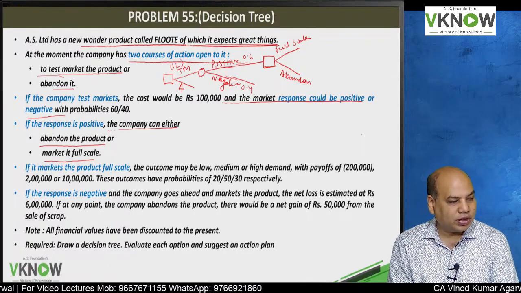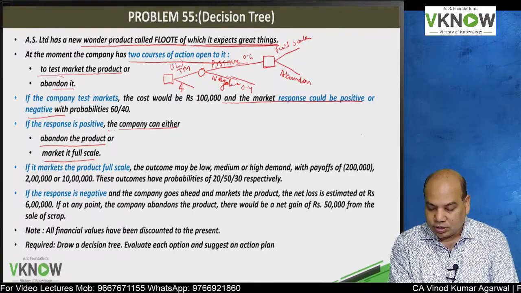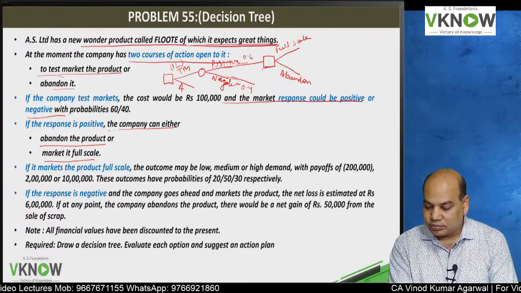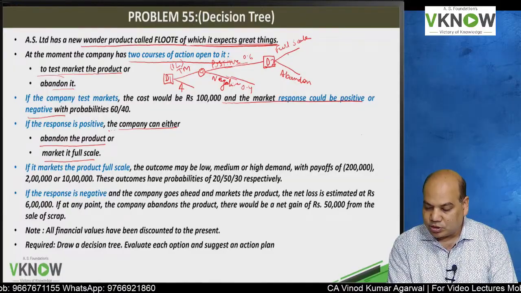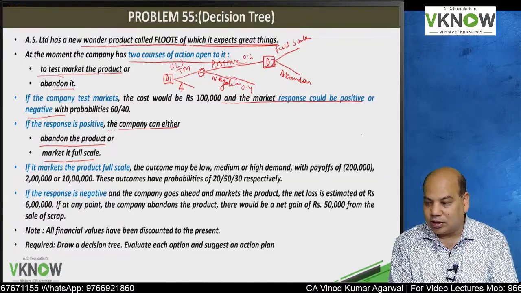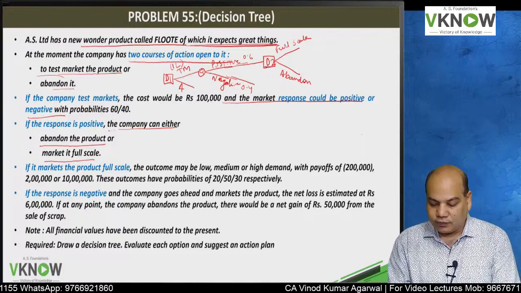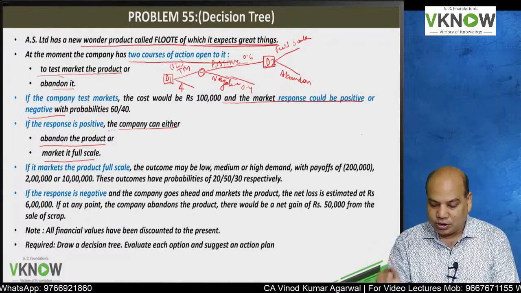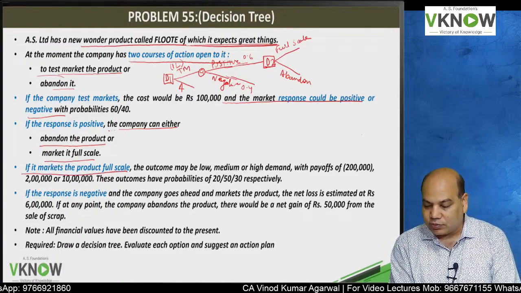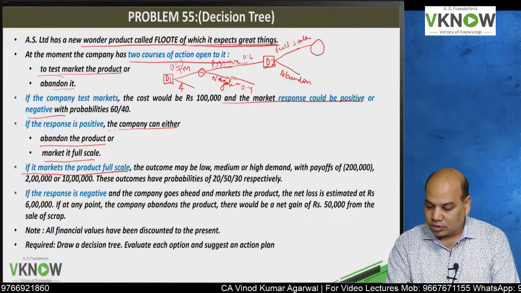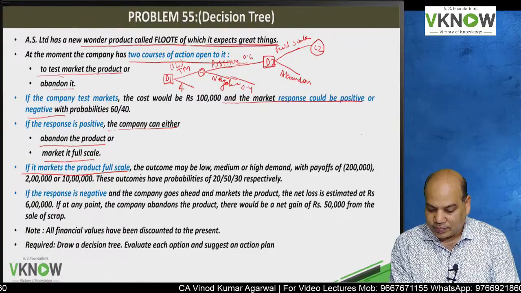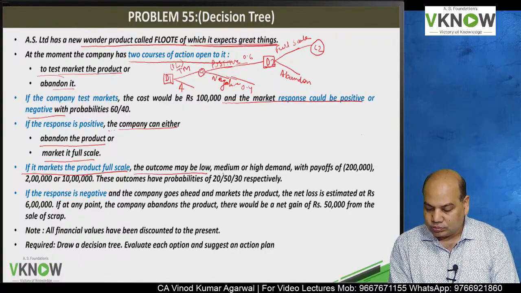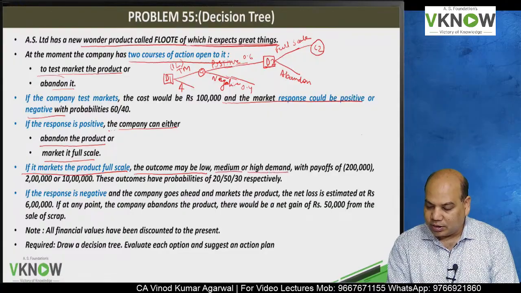If you read slowly, you will understand. If the response is positive, then this is my D1, this will be my D2, this will be my C1. Company can abandon the product or market it full scale. So again you have to make a decision between the two. If it markets full scale, then what can happen? The outcome may be low, medium or high demand.